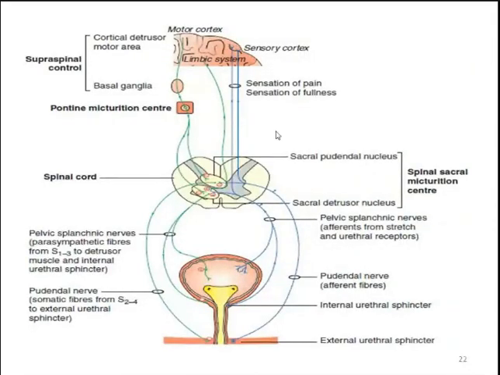So here you can see the diagram. This is the urinary bladder. Whenever the bladder wall is stretched by urine volume, these stretch receptors will be initiated, and this information will be carried through the pelvic nerves to the spinal cord, to the sacral detrusor nucleus, the sacral micturition center.